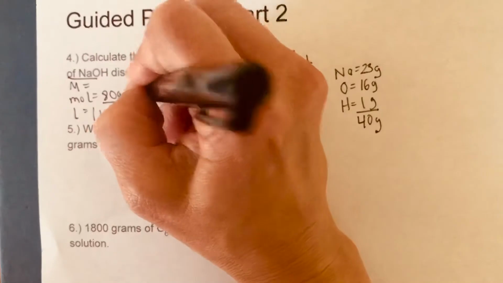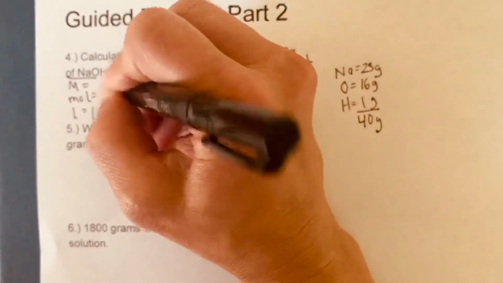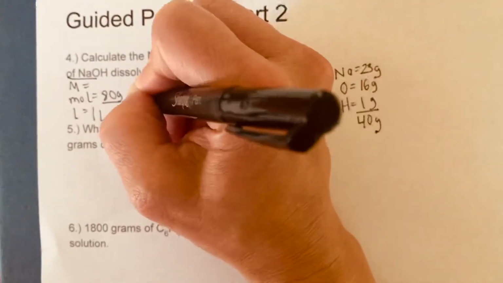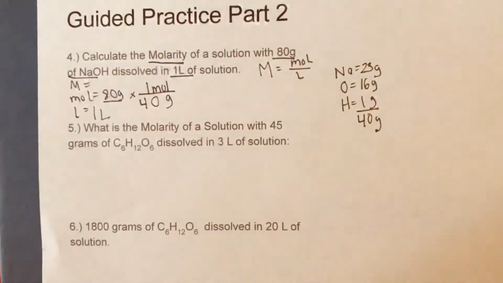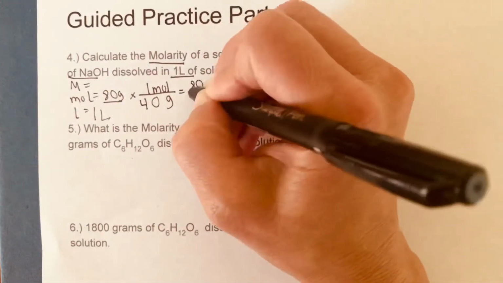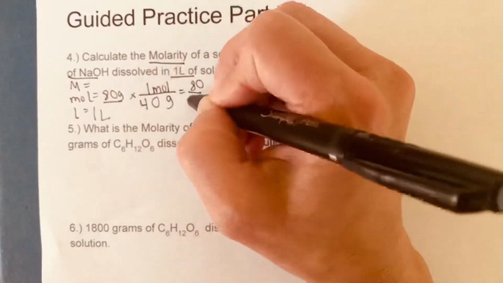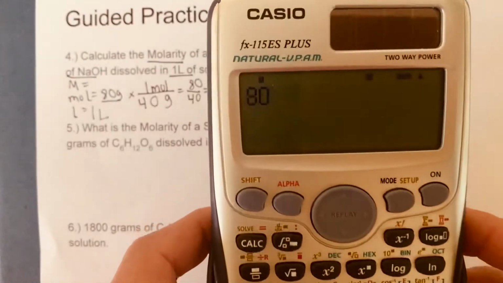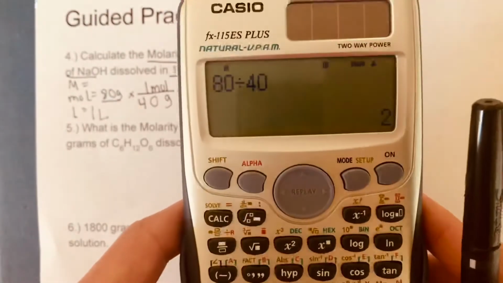So to convert to moles, you have moles at the top, and since you have grams at the top here, you want grams at the bottom in your conversion, so it cancels. So there's 40 grams in 1 mole of NaOH. So then I have 80 times 1 is 80, divided by 40. So 80 divided by 40 is 2.